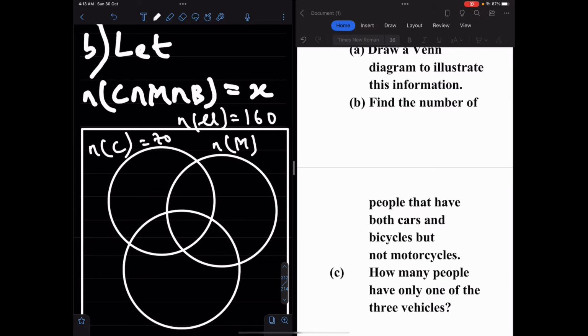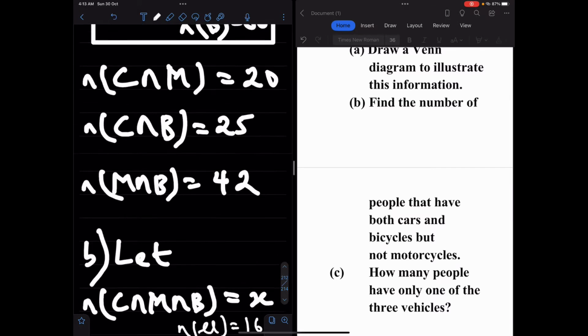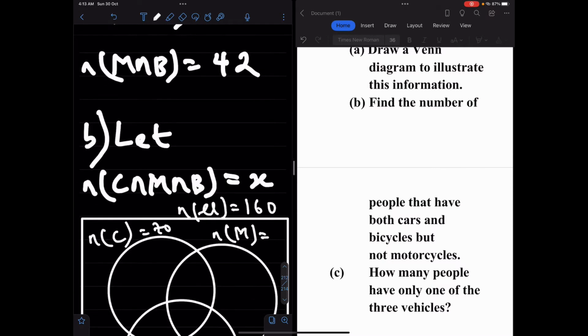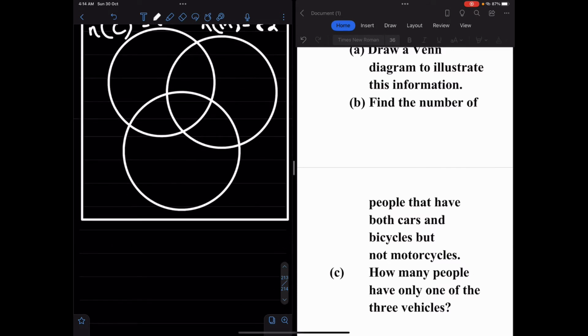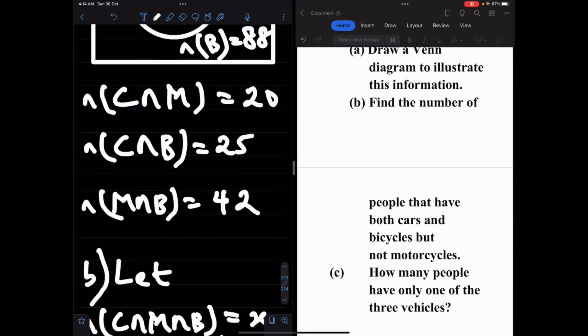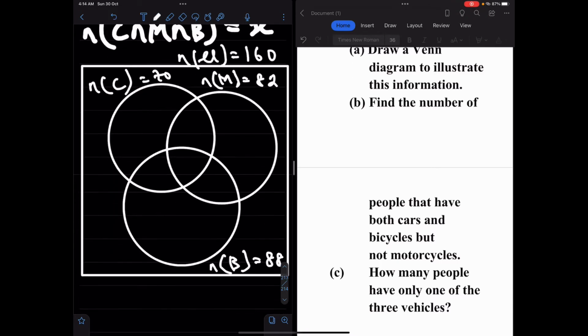Set of people who have motorcycles, and it has 82 elements in it, because 82 people have motorcycles. While this is a set of people who have bicycles, and it has 88 elements in it, because 88 people have bicycles. Let me check to be sure. Yeah, that's correct. 88 people have bicycles.